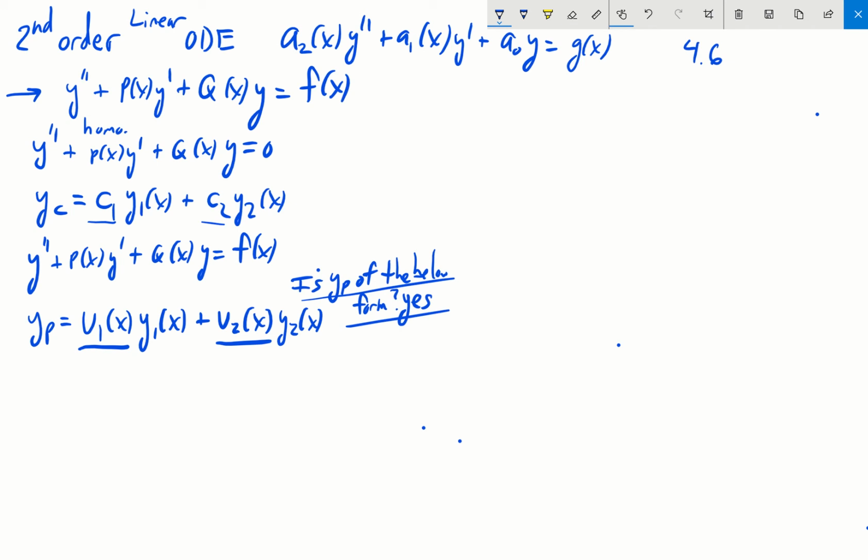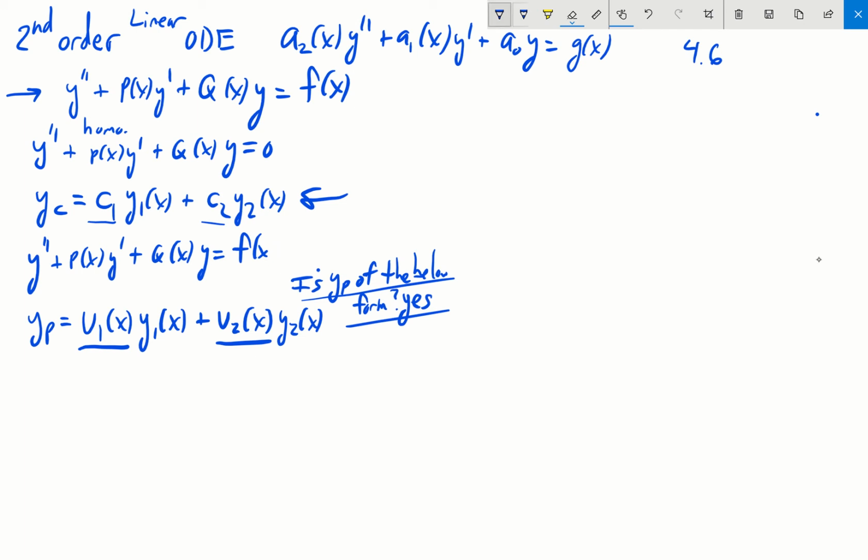So ultimately, we're going to reduce the solution of y sub p to once again finding the complementary solution, which will contain two functions y1 and y2, and then y sub p will be found by finding these variation of parameter functions u sub 1 and u sub 2. To get an expression that describes u sub 1 and u sub 2, we need to plug y sub p into this differential equation.